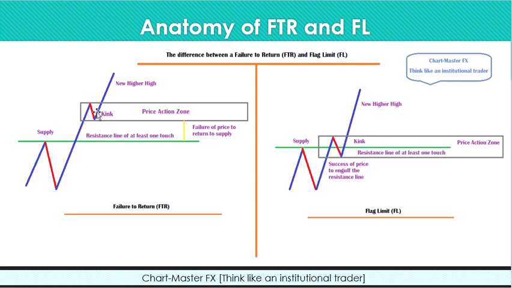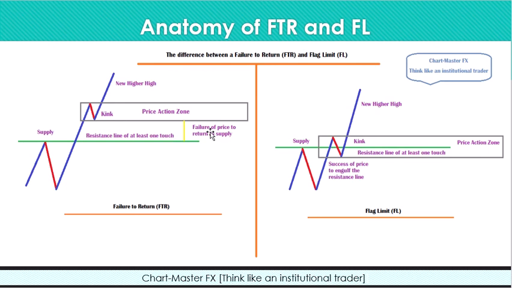Maybe if a kink is created here and the price fails to break here and comes down, it is no longer a failure to return. A failure to return actually breaks supply and fails to return to supply, and it creates a kink. Once it creates a kink, then it breaks here and creates a new higher high. That's how we can validate that this is an FTR.